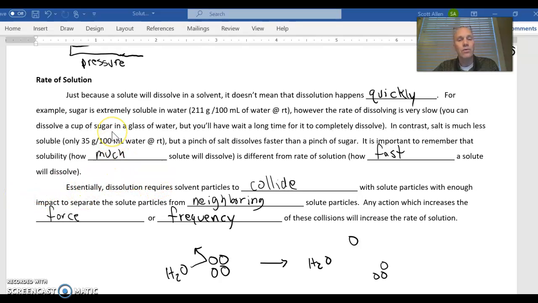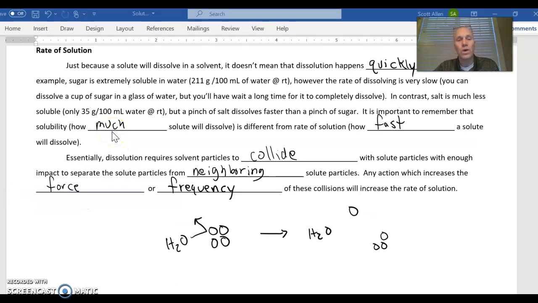We first need to realize that when something dissolves, the solvent particles have to collide with the solute particles, and they have to do this with enough force to dislodge them from their neighbors. So picture this collection of molecules right here as being like a sugar cube, where these are the neighboring sugar molecules.